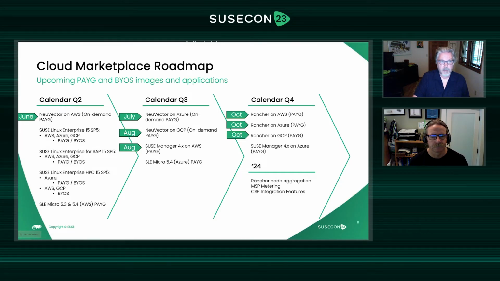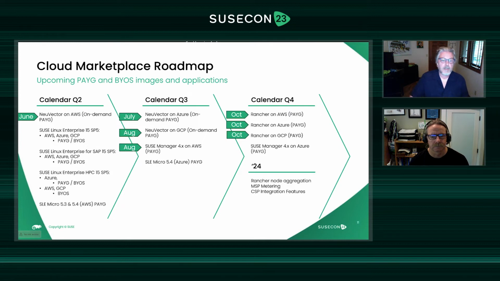In calendar Q3, we have NeuVector rolling onto Azure. This is the same thing that we were rolling out the previous quarter on Amazon, but Azure will have a version of NeuVector as a pay-as-you-go offering that you'll be able to find in the Azure Marketplace, and as well as in Q3, you'll find it showing up on the Google Cloud Platform, in their marketplace, not the console.